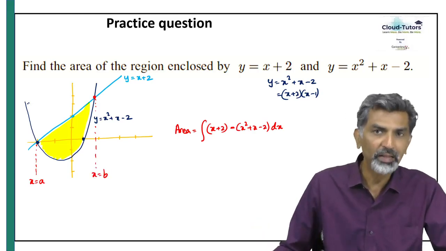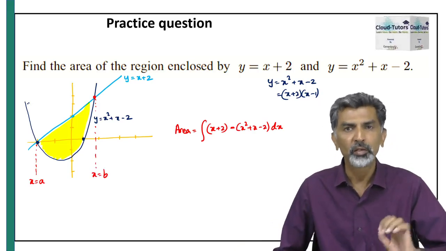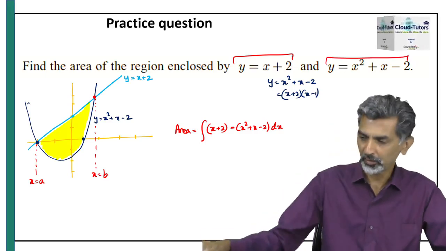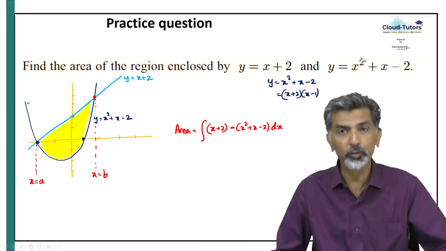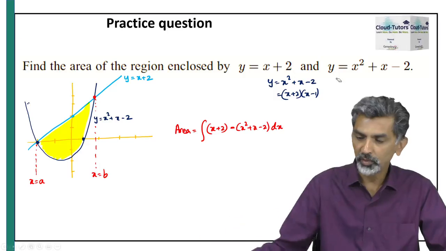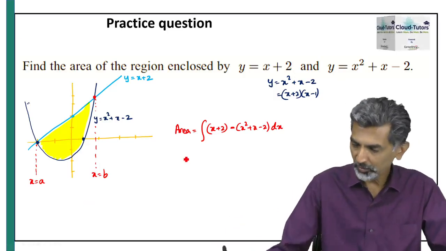It should be fairly easy to find these two points, because we are trying to find the points where this function and this function intersect. So you can substitute y equals x plus 2 in here and then solve for the two values of x and y. So let's do that over here.